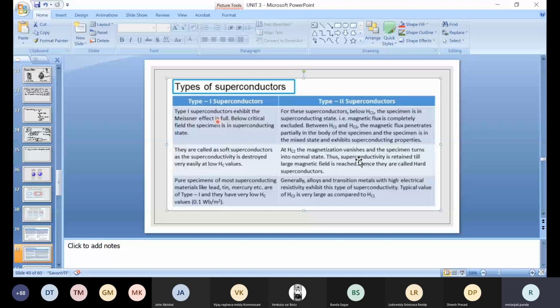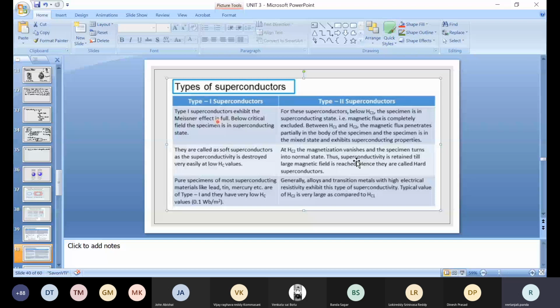These are called soft superconductors because here only one critical magnetic field value is there. But in case of type 2 superconductor, there are two critical magnetic fields, Hc1 and Hc2, what we observed in the previous slide. The gap between Hc1 and Hc2, that means the value of the upper critical magnetic field is much higher than that of the lower critical magnetic field.